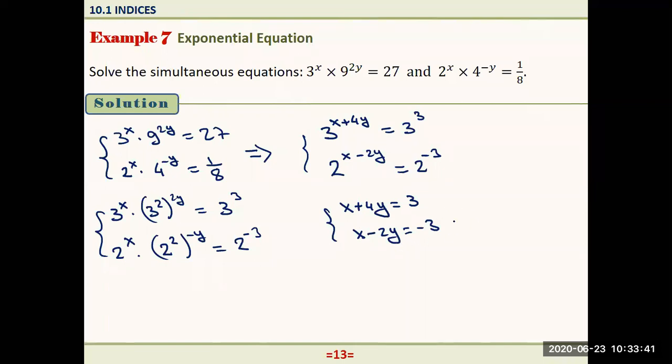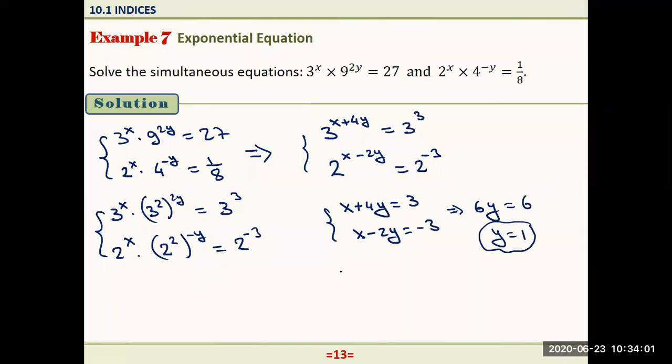So if I just subtract the second equation from the first one, x minus x, that's equal to 0. 4y minus minus 2y, it is 6y, right? 3 minus minus 3, that's equal to 6. From here, y is equal to 1, right?